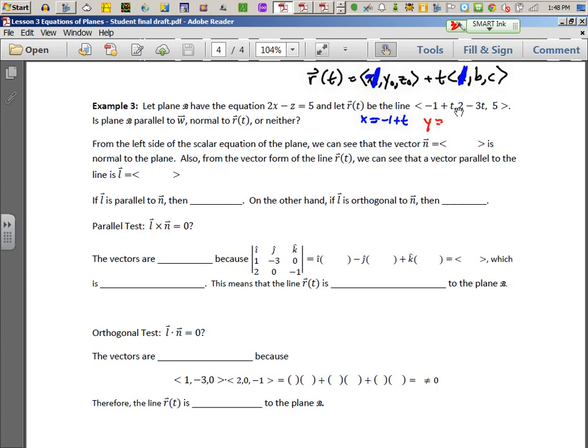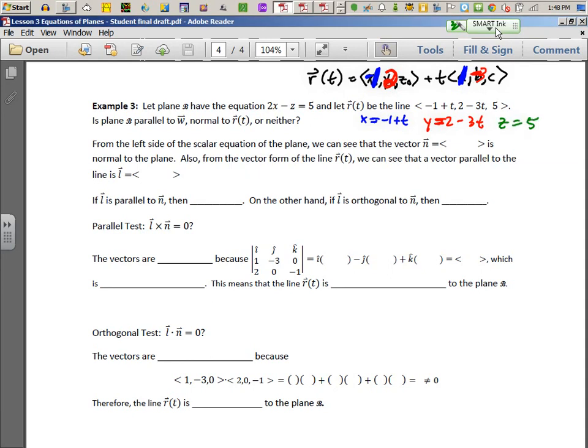y is 2 minus 3t, which forces this to be a 2. That's one option anyway, to have a 2 there. And then this is a negative 3. And lastly, we have z equals 5.